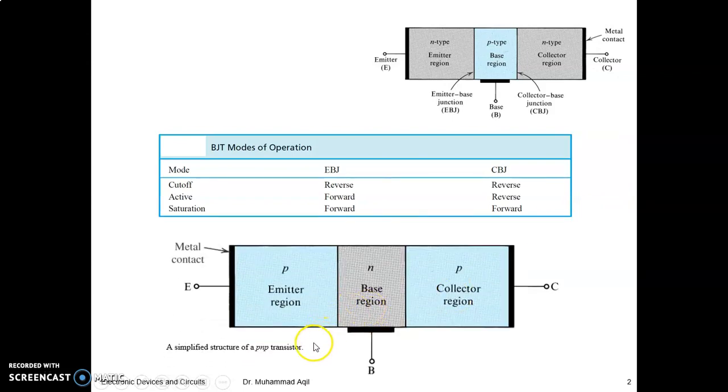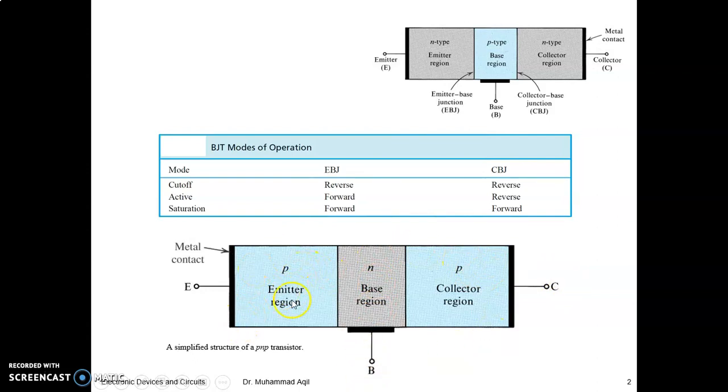The same is the case when you sandwich an n-type semiconductor between two p-type semiconductors, then that transistor is called a PNP transistor. One of the p regions is called the emitter, another p region is called the collector, and the center sandwiched part is called the base.